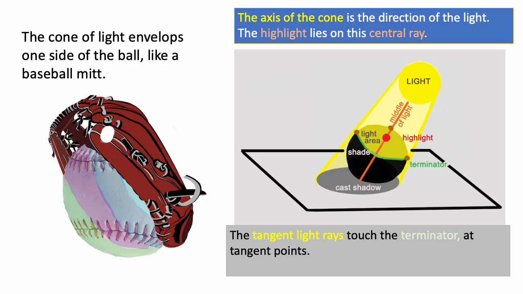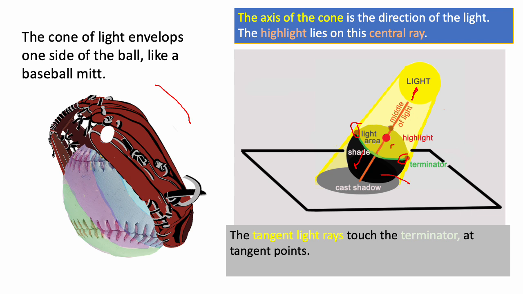Think of light as a cone enveloping one side of a ball, like a baseball mitt. So here we have a sphere and a cone of light enveloping it. The axis of the cone tells us the direction of the light. The light is tangent to the sphere, hitting it at two single points, marking the edges of the terminator that divide the light area from the shade.